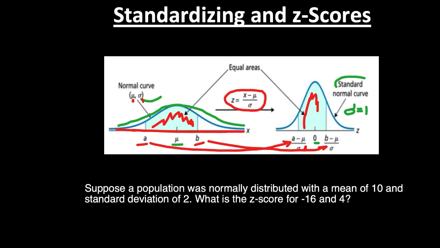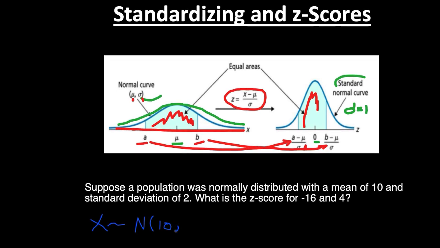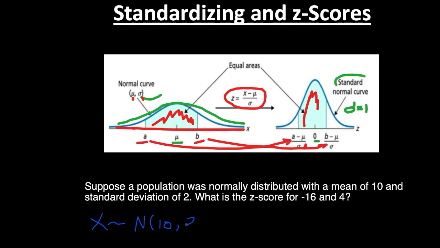Let me explain this example. Suppose a population was normally distributed with a mean of 10 and a standard deviation of 2. What is the z-score for 16 and 4? X has the normal distribution, mu equals 10 and sigma equals 2.